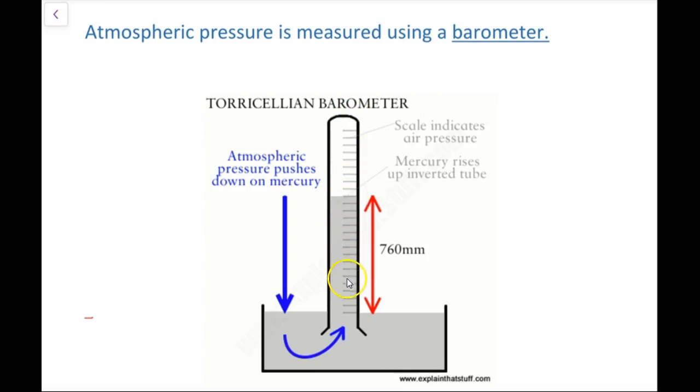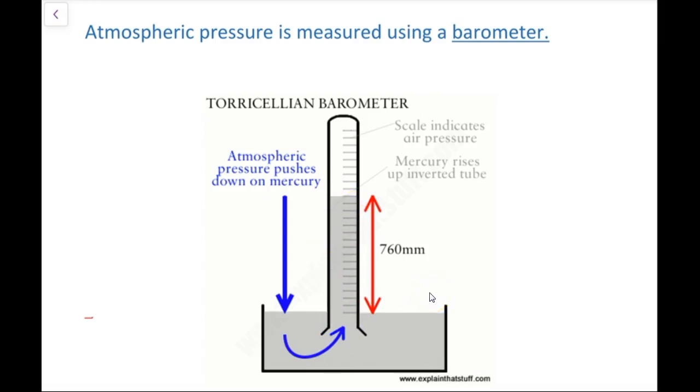It's not all going to flow out, but some of it will flow out because essentially the atmosphere is pushing down on the mercury in the dish, pushing some of it up or supporting some mass of mercury in the column.